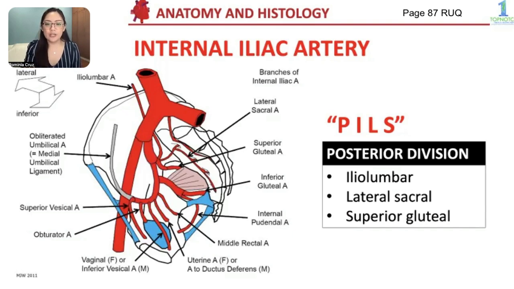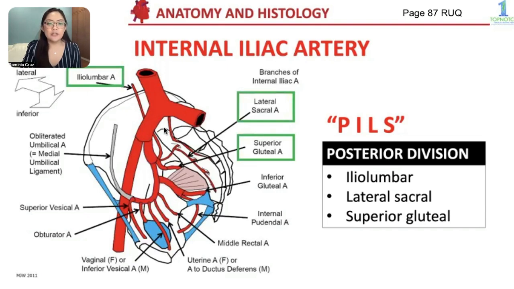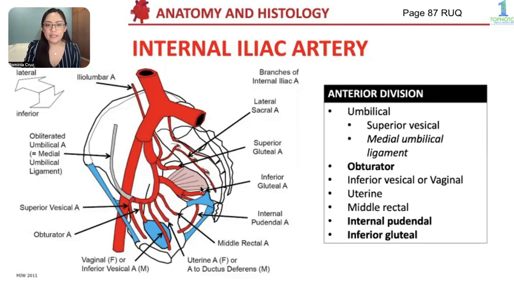You have your iliolumbar, your lateral sacral, and your superior gluteal artery. PILS. The anterior division would provide supply to the pelvic organs and the perineum and would include both parietal and visceral branches. The parietal branches are in bold here in this table.